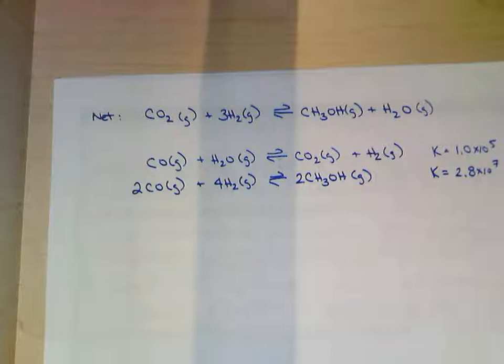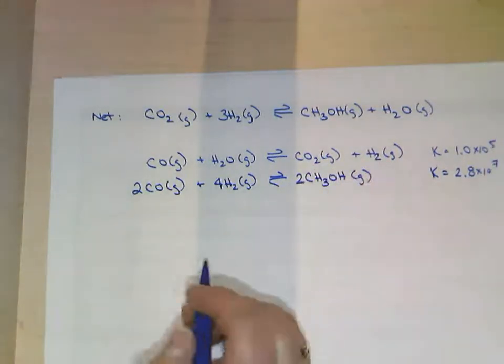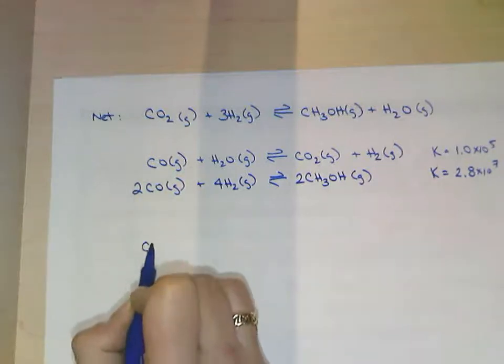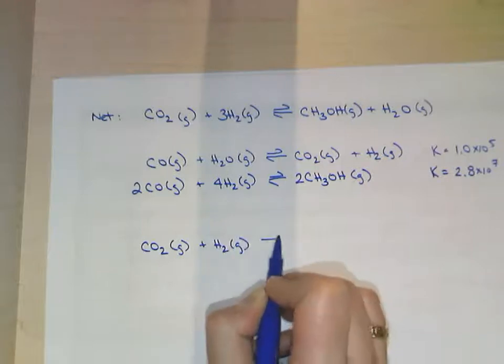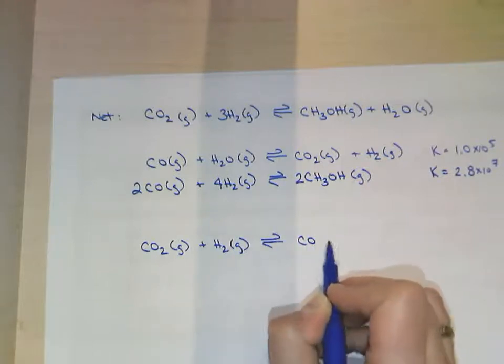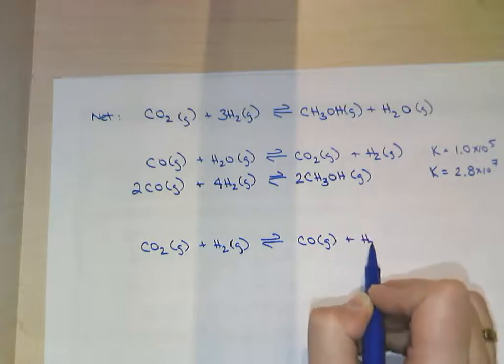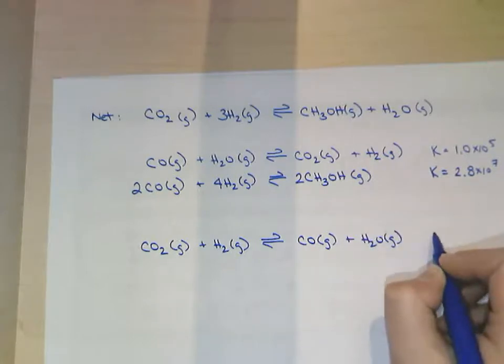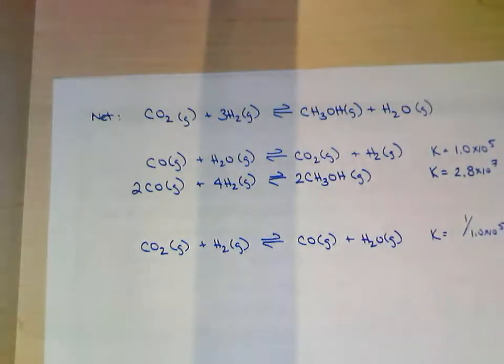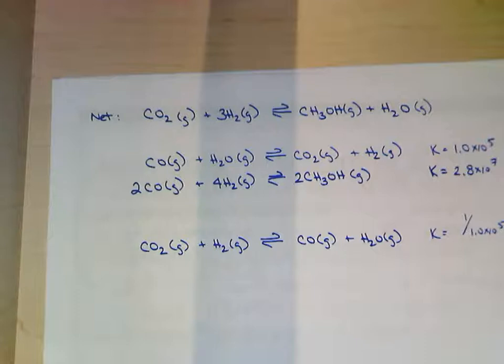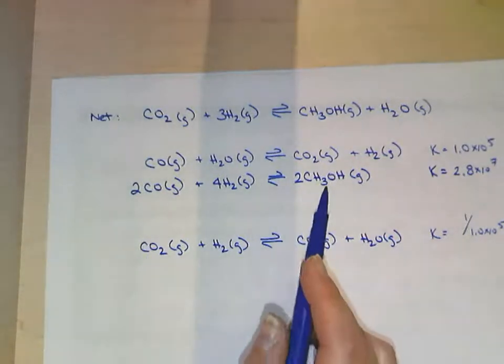Looking at how I want to use them, I can see that definitely I want to use this first one, but in reverse. I want to use it like this. So the K for that is now going to be 1 over times 10 to the 5th. Then I can use this other one as is.